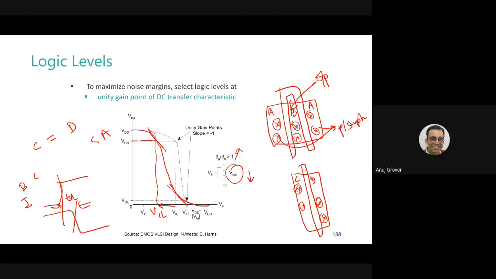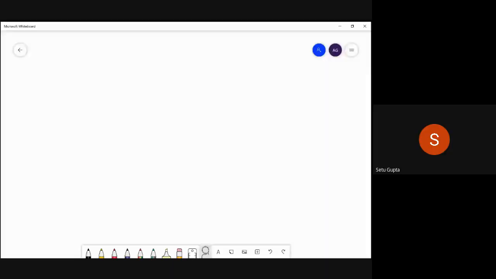Yeah. So what I'm saying is that in this circuit, let me show you a different screen. Are you able to see my screen now? Yeah, it's visible.